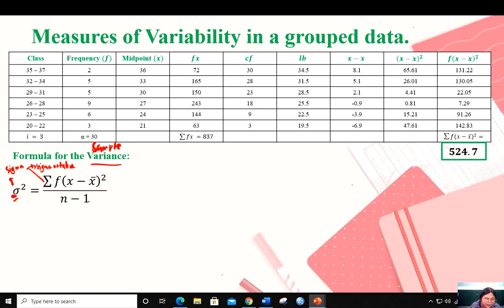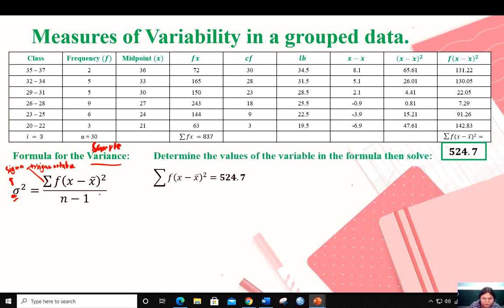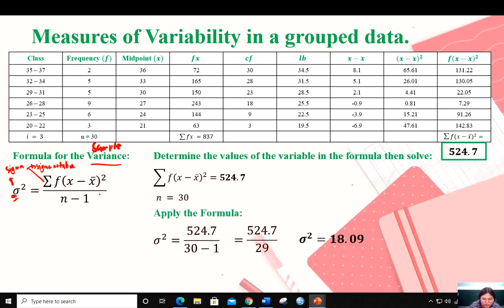So for the formula of sample variance, sigma squared is equal to the summation of f, the frequency, multiplied by x minus the mean quantity squared all over n-1. Okay, so input lang natin sa calcito class. So we have our variance is 18.09.